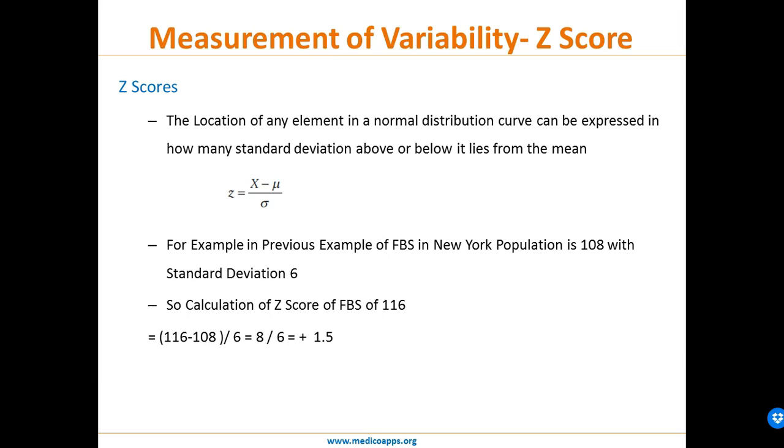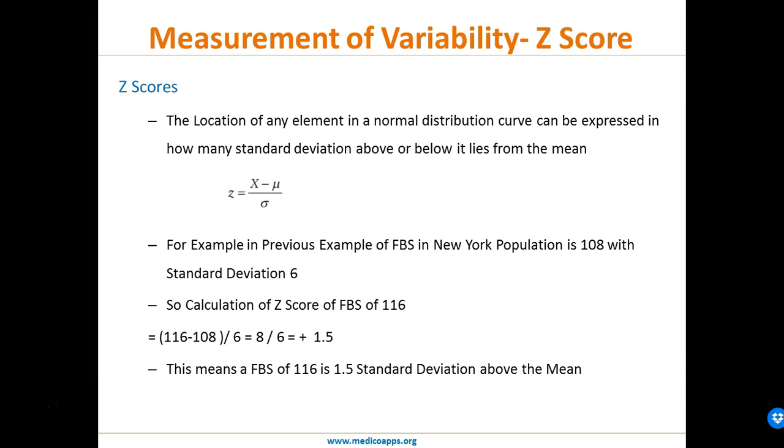So it comes to 8 by 6, which comes to plus 1.5. Plus denotes that this value is above the mean. So this means that a fasting blood sugar of 116 is 1.5 standard deviations above the mean, or the Z-score is plus 1.5 for a value of 116.